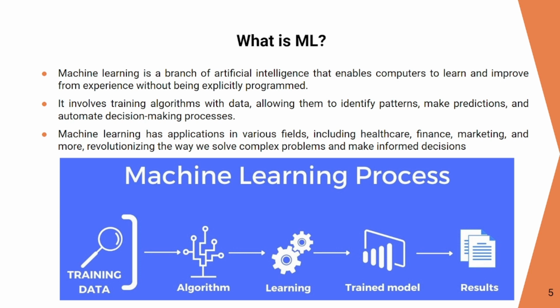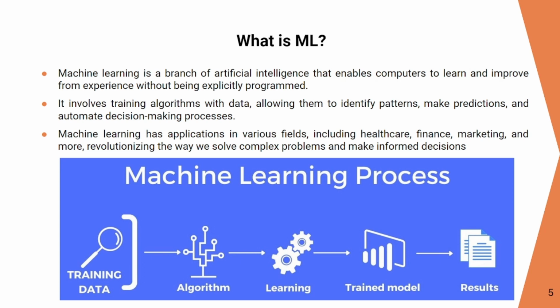Machine learning has applications in many fields, including healthcare, finance, marketing, and more. These are revolutionizing the way we solve complex problems and make informed decisions. This is a betterment for humans, and this technology is evolving day to day in our life.